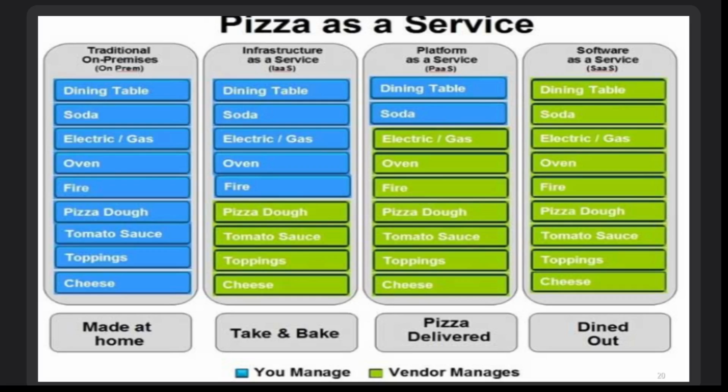So all these, gas, oven, pizza dough, toppings, all those are managed by the vendor. In the case of the software as a service, which is similar to dining out in a restaurant, all of the things will be managed by the vendor.